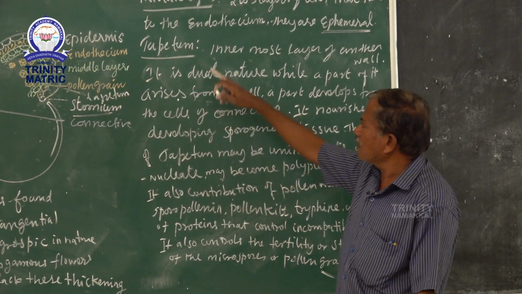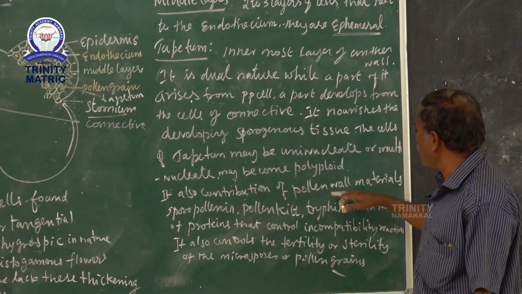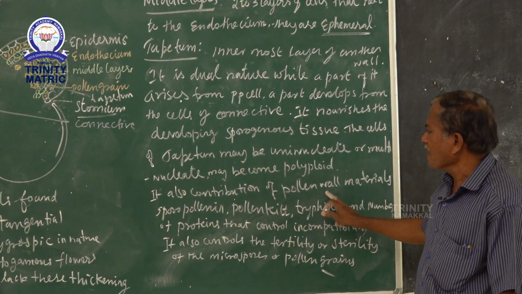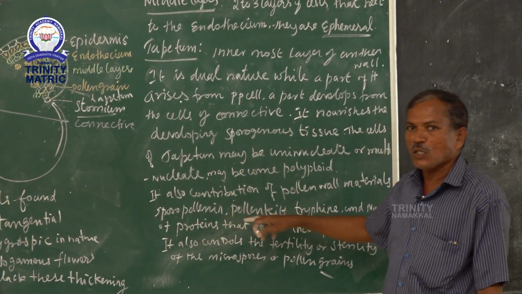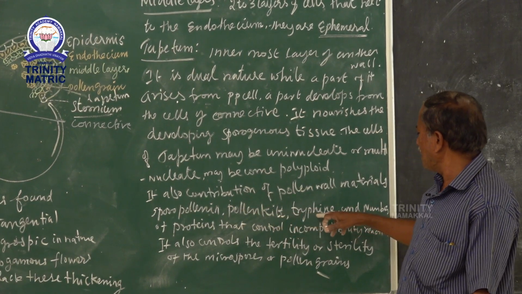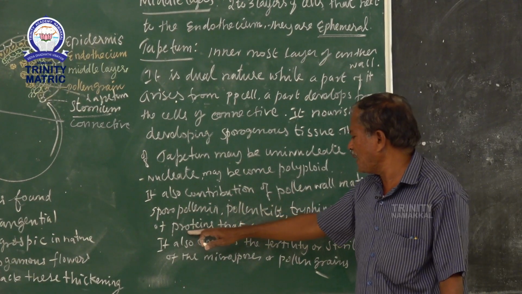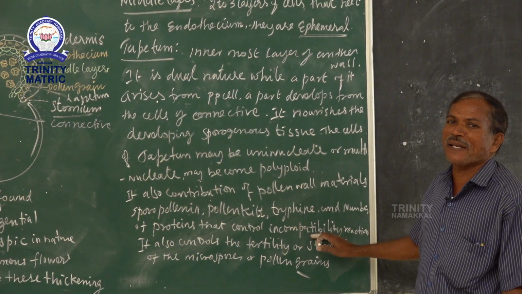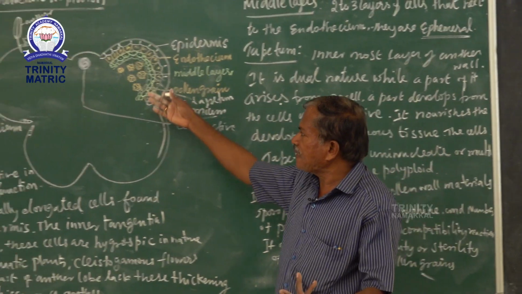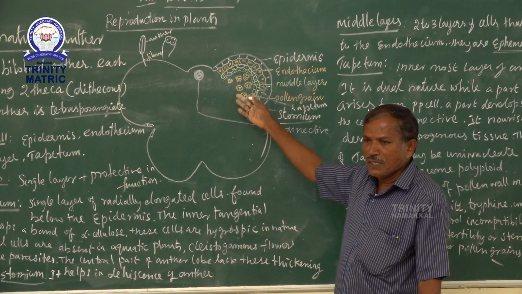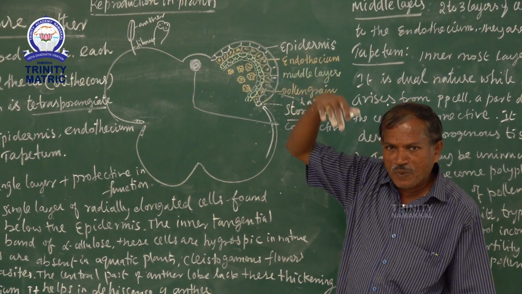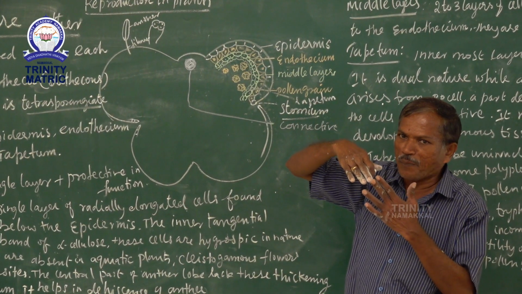So what is the contribution of the tapetum? It helps in forming pollen wall material called sporopollenin, pollen kit, and tryphine, and a number of proteins that control the incompatible reaction. For example, a large number of plants release pollen grains. Suppose hibiscus pollen grains fall on another hibiscus flower. This is compatible.